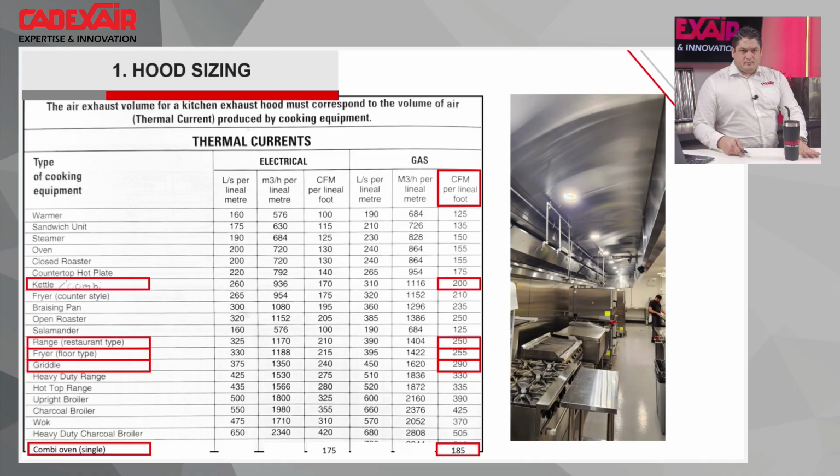The other point, if you look at the kettle, we had a value of 200 CFM per foot. Now we've changed that a little bit, because it's like the pizza strategy. If you have a 20-inch kettle, a 24-inch kettle and a 30-inch kettle, you have a lot more area around it. So now we base it more on the liquid capacity of the kettle, because when you go one foot bigger, you have a lot more vapor and smoke.